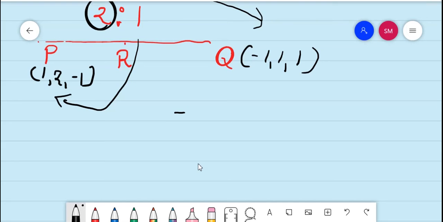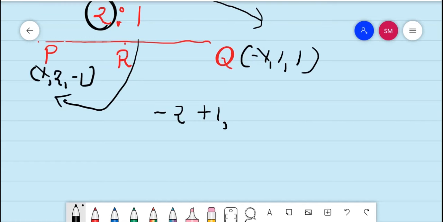Say -2 plus 1, I am talking about the first coordinate.